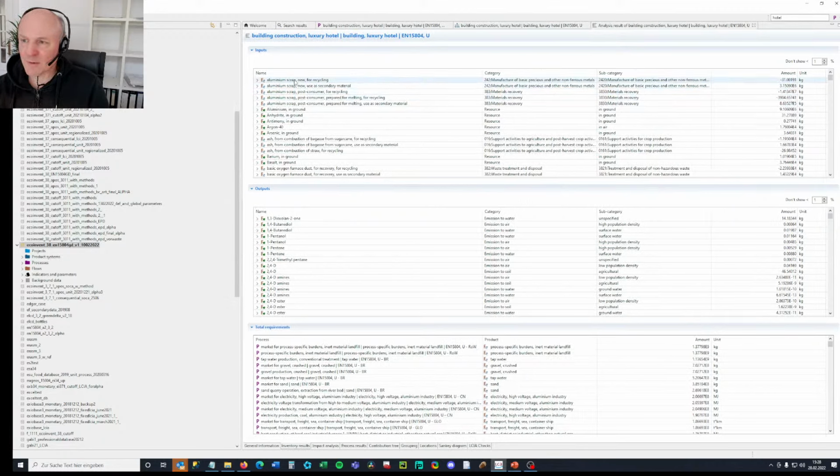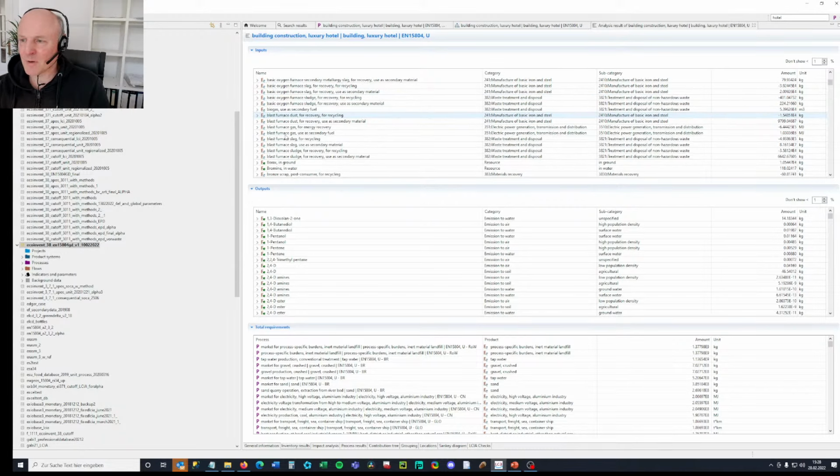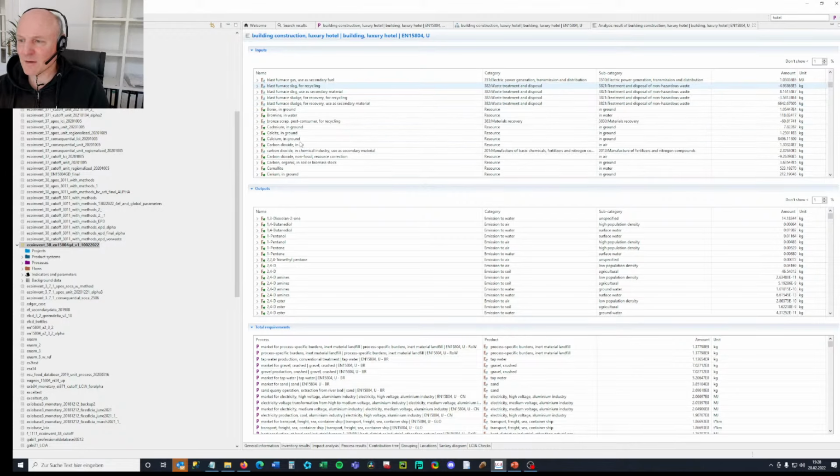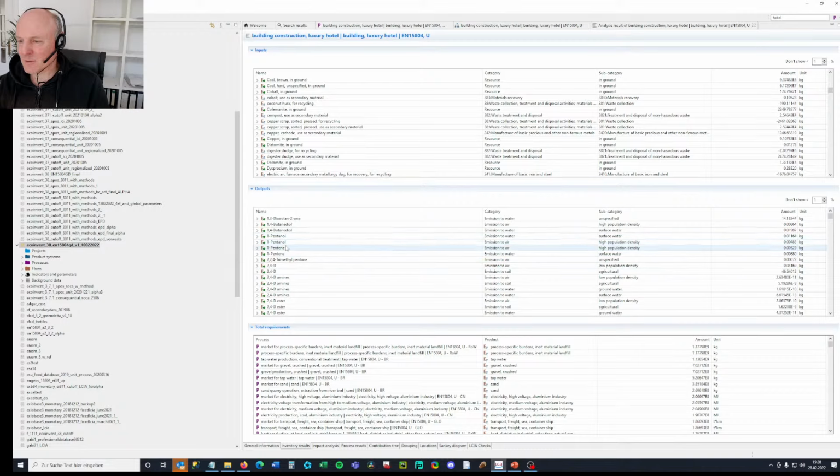You see here that we have, of course, not only the hotel, but some others. These are all products, aluminum scrap for recycling, and so on. With the leaf, these are elementary flows, and oxygen furnace, for example, furnace slag, bronze scrap, whatever. So these are all the same principles.